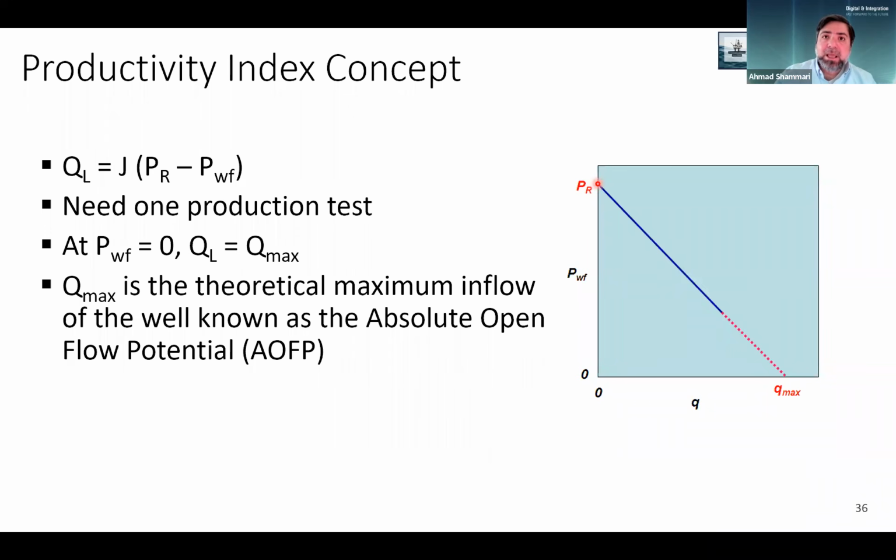However, theoretically, if we manage to reduce the flowing bottomhole pressure to 0, which is impossible, then we call it Q max, or the absolute open flow potential. Again, this is a theoretical number that is just used to help in constructing the IPR curve. But of course, no one can achieve that. No one can go to a flowing bottomhole pressure of 0.